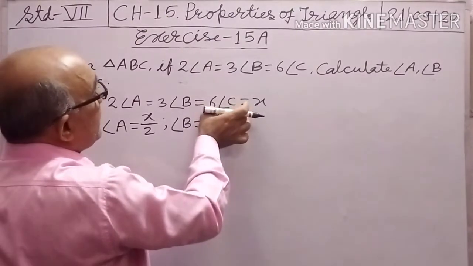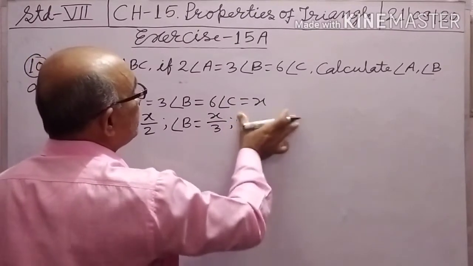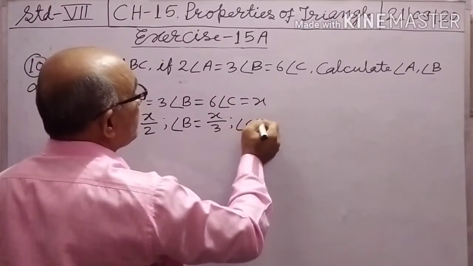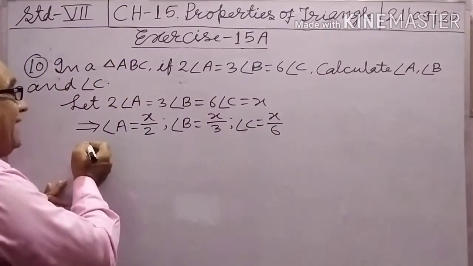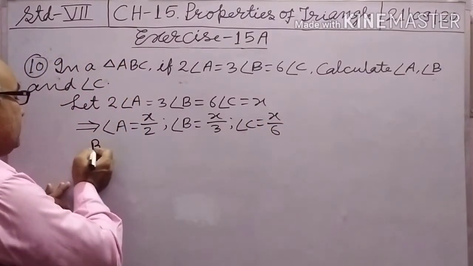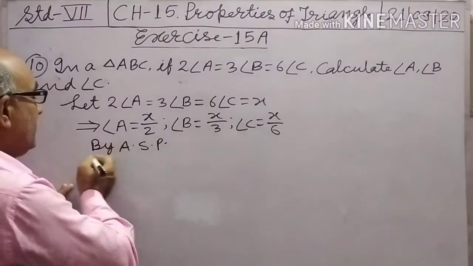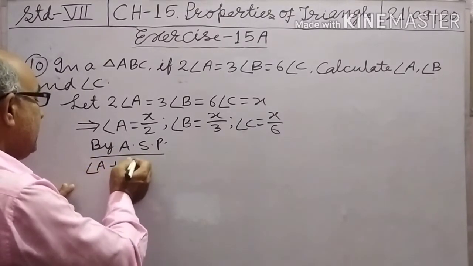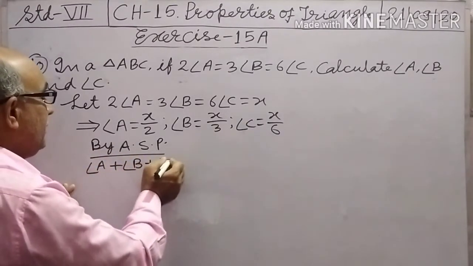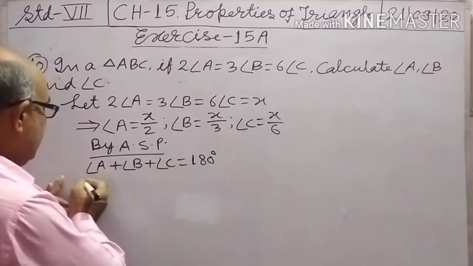Next, 6 angle C equal to X, then angle C equal to X by 6. By angle sum property, angle A plus angle B plus angle C equal to 180 degree.